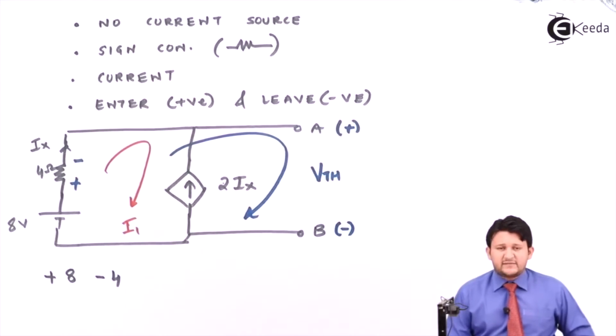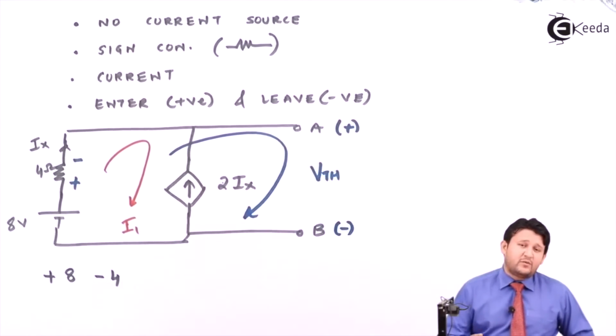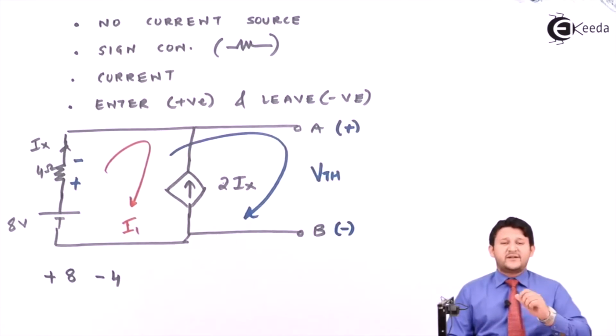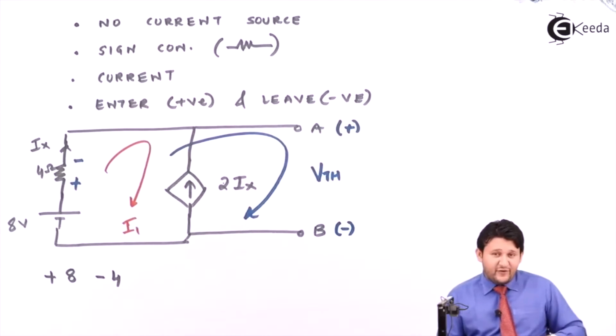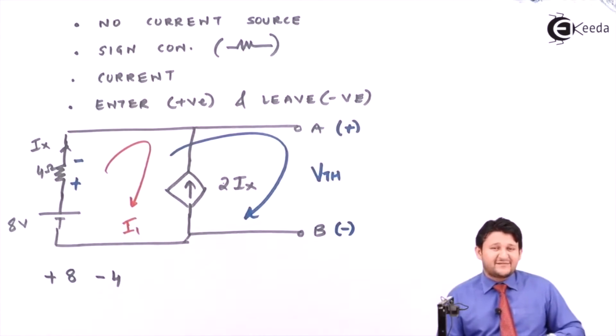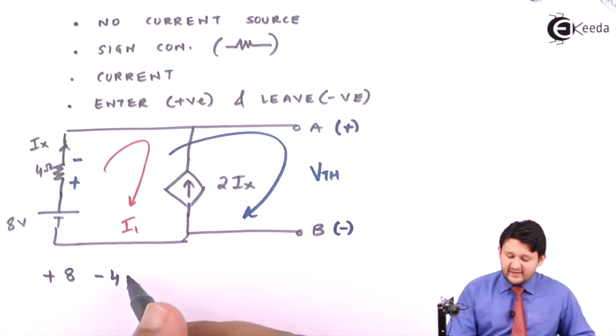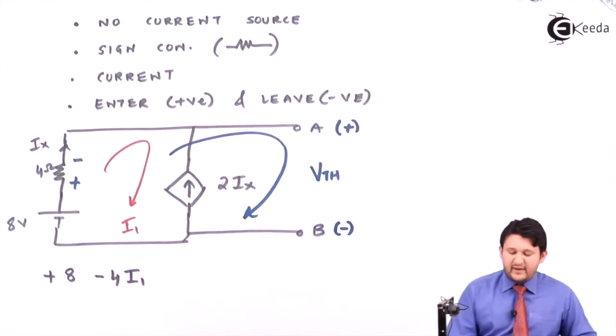You cannot write just 4. You're writing KVL, and KVL means voltage. If I write only 4, 4 is your resistance. I need to make it voltage. Ohm's law says V is equal to IR. That means for a resistance to become a voltage, the current should flow. If I multiply resistance with current, I will get voltage. In the 4 ohm resistance, your current is I1, so I need to write 4 I1.